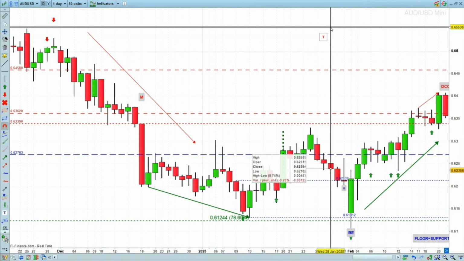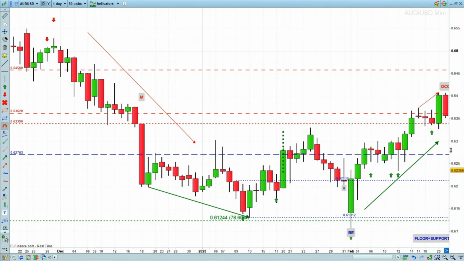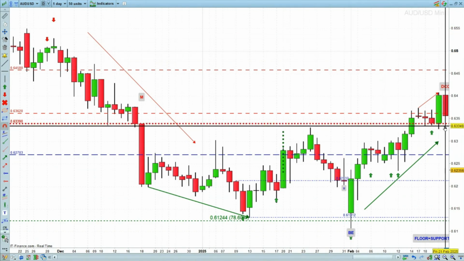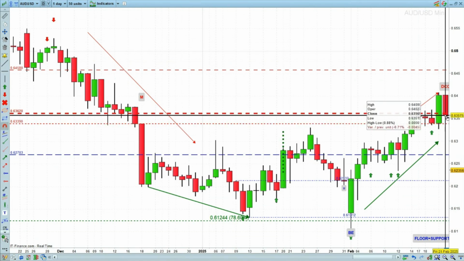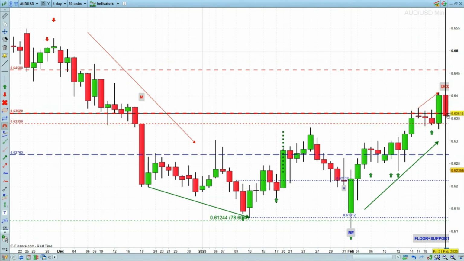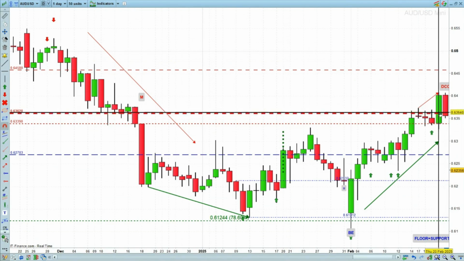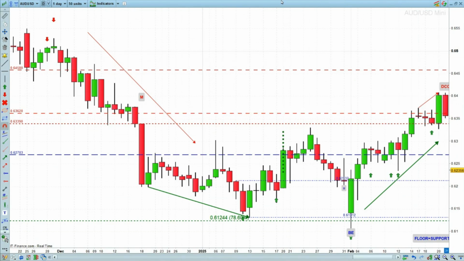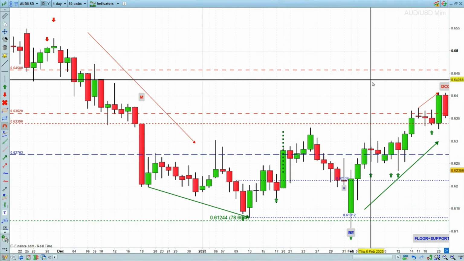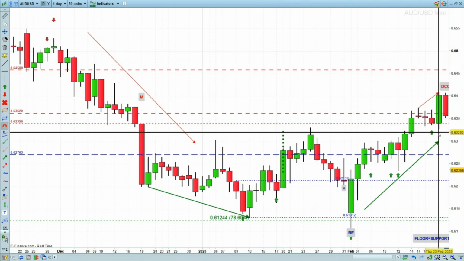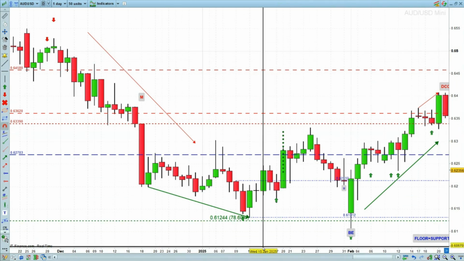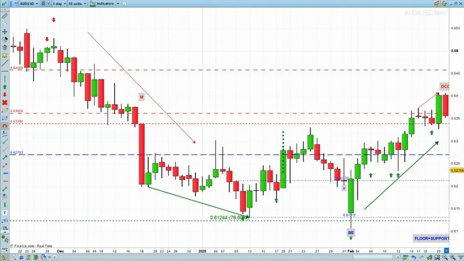We'll see a big body green candle, and then a relatively big body red candle, and the red candle must close below the roughly midpoint of the green candle.